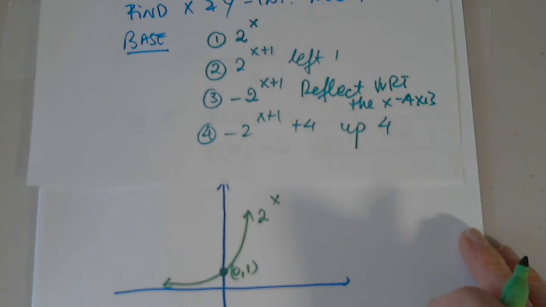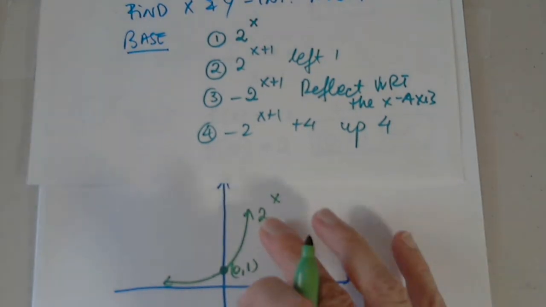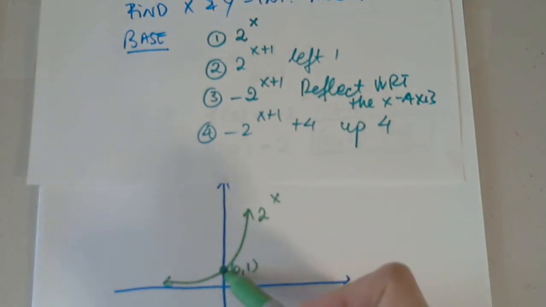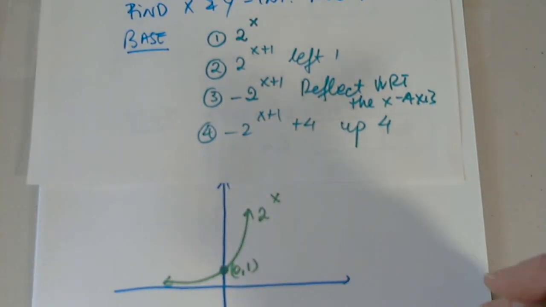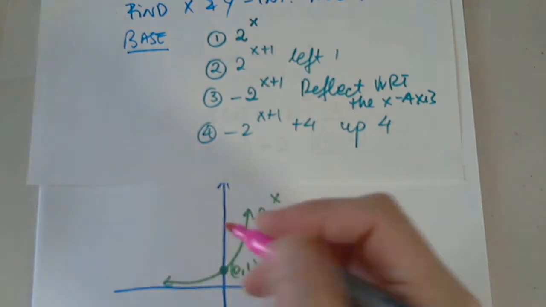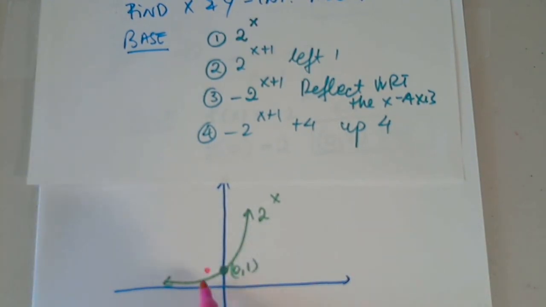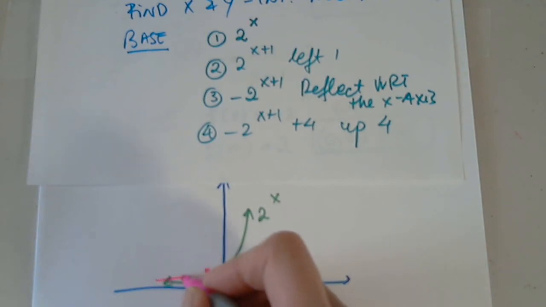The pure exponential function, 2 to the x, is increasing on all its domain, and it crosses the y-axis at (0, 1). Now we have to shift this graph 1 to the left. So this point moves 1 to the left, meaning it will be at (-1, 1). So I shift the graph.